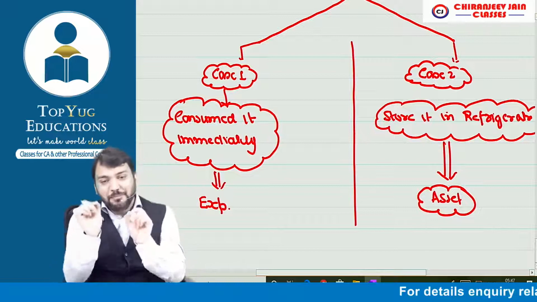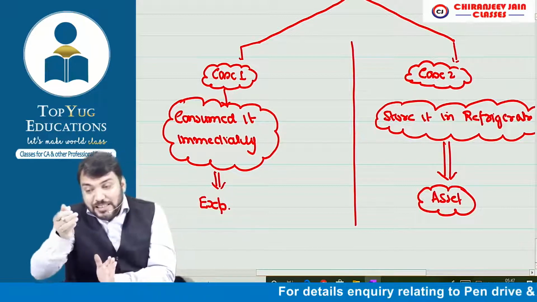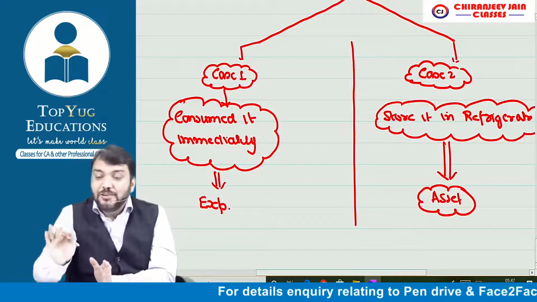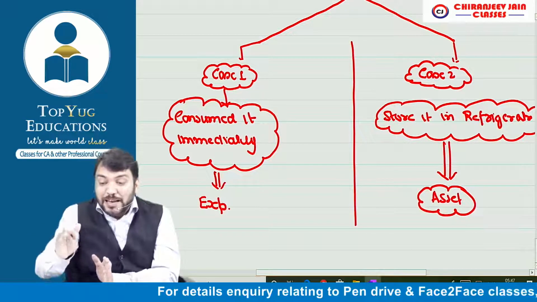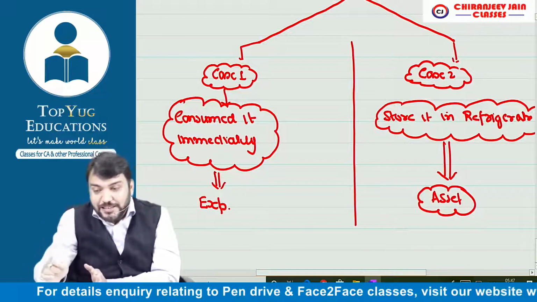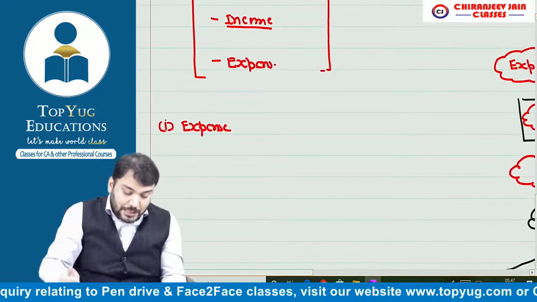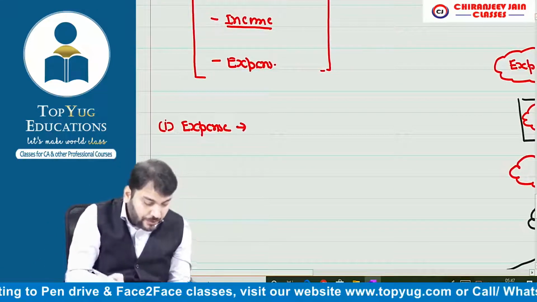Understood. Means in simple words, can I say any expenditure for which benefit is derived is known as expense, and for which benefit will be derived in future, that is what? Asset. That is an asset. Can I write this down? Expense means what? We will write.